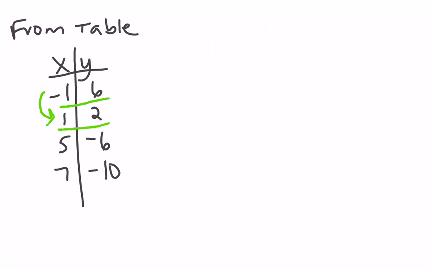So how do we go from -1 to +1? Up 2. How about 6 down to 2? That's -4. Slope is change in y, -4, over change in x, 2. So my slope reduces to -2.